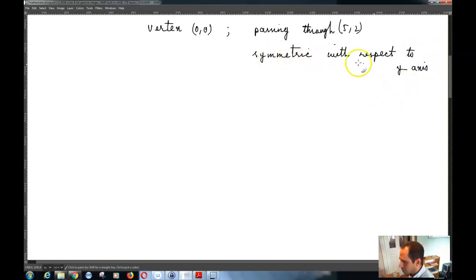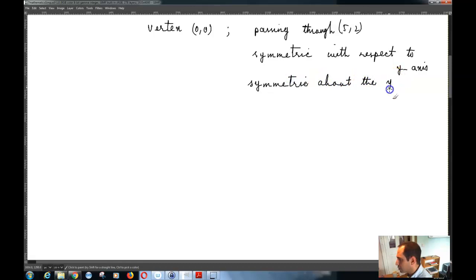So sometimes we say symmetric with respect to y. This is the first time I ever read this way, but it's usually symmetric about the y-axis, for example.